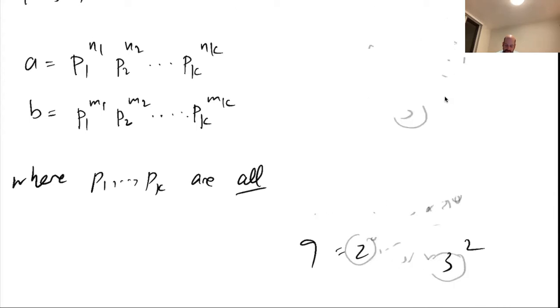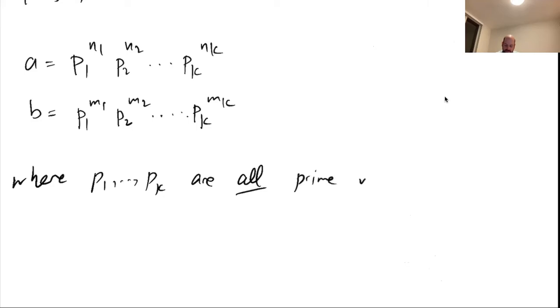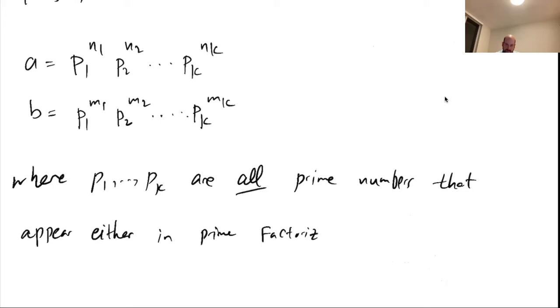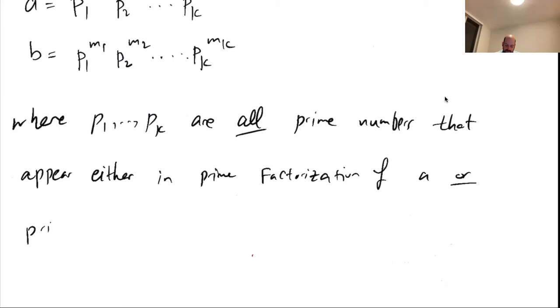So just have this example in mind so that we know what to write here. Are all prime numbers that appear either in prime factorization of A or prime factorization of B.